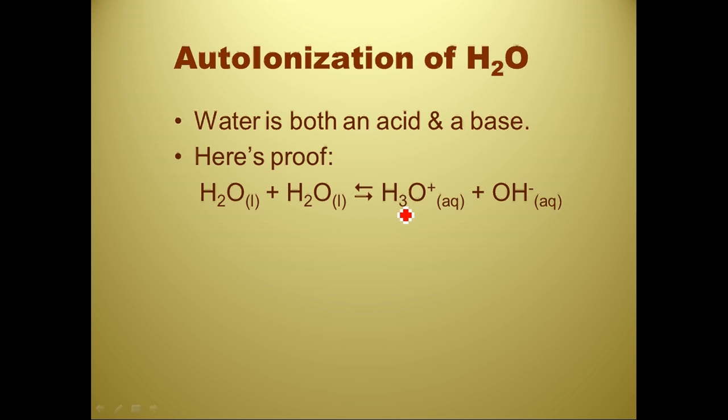This particular water here is donating a hydrogen to that water molecule, so it's becoming hydronium, while the other one is becoming hydroxide. We've got the caustic H3O+, the caustic hydronium ion here, as well as the caustic hydroxide ion. Here we've got an acid, here we've got a base.